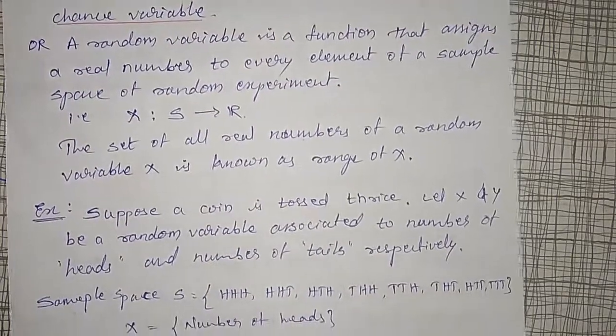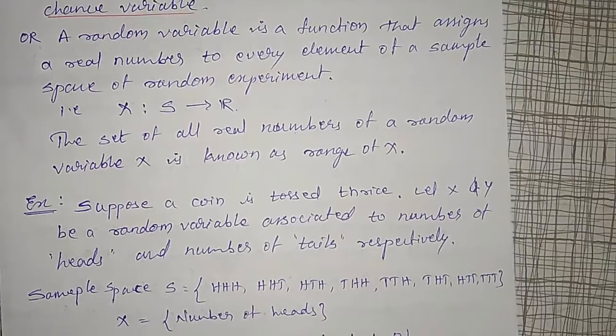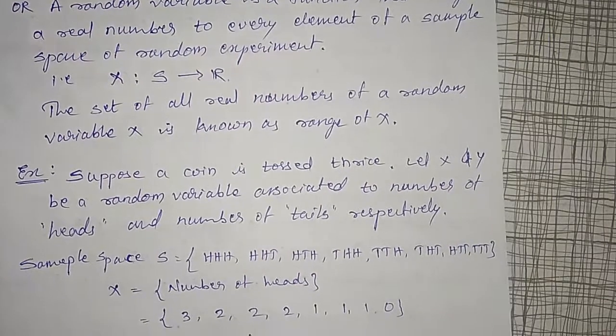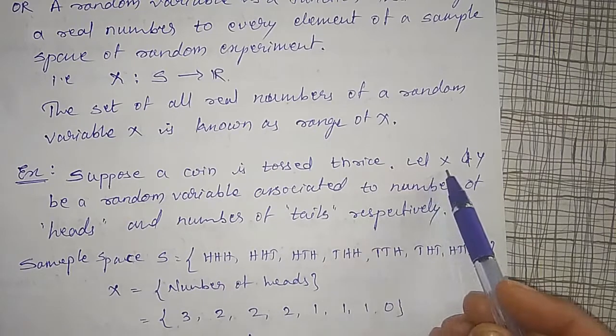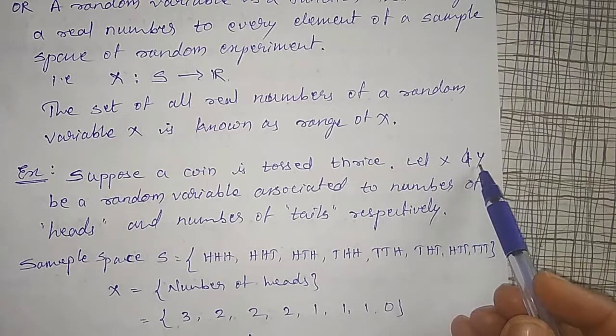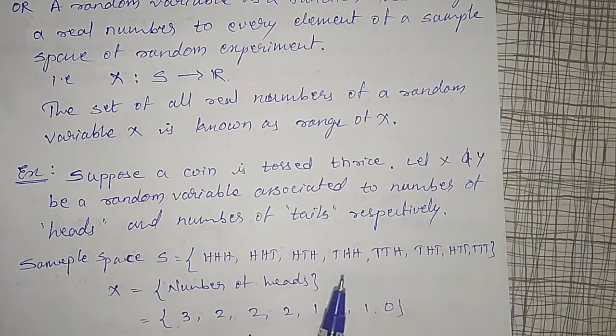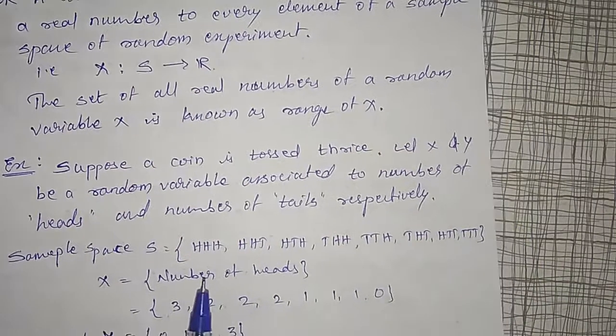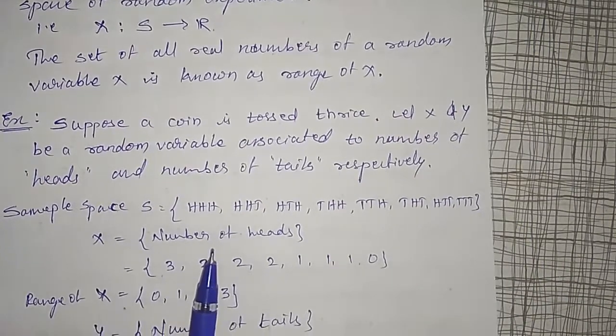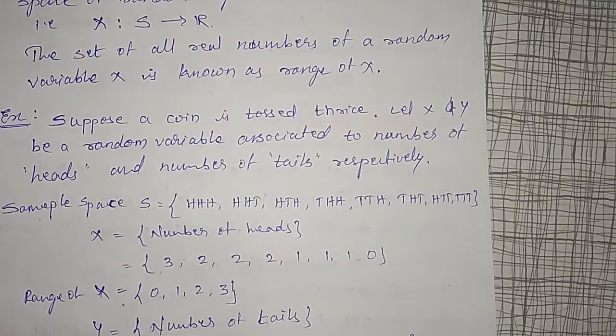Suppose a coin is tossed thrice, 3 times, and let X and Y be random variables associated with the number of heads and number of tails respectively. Whenever you toss 3 coins, there are 8 possible outcomes, and that set is known as the sample space, as explained in the last video.